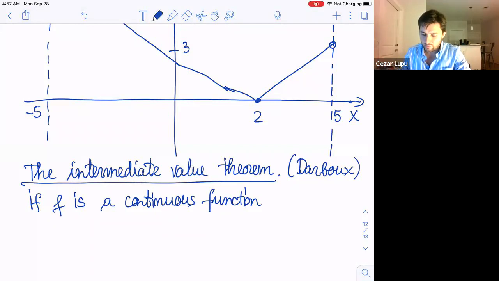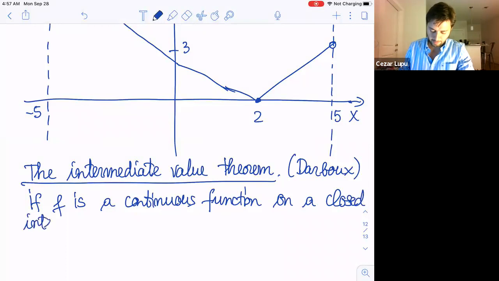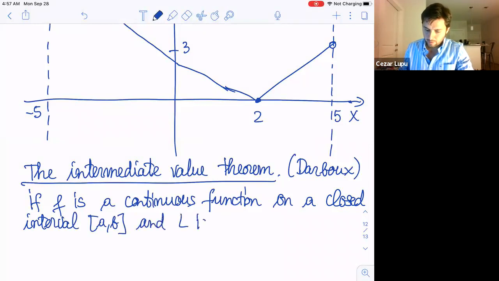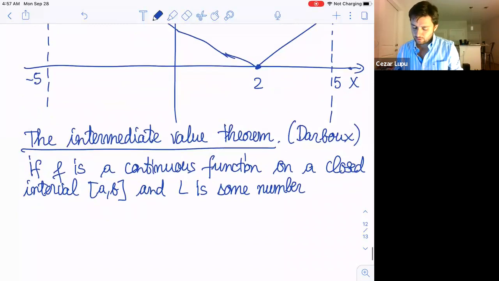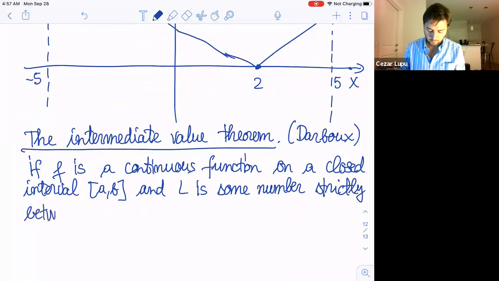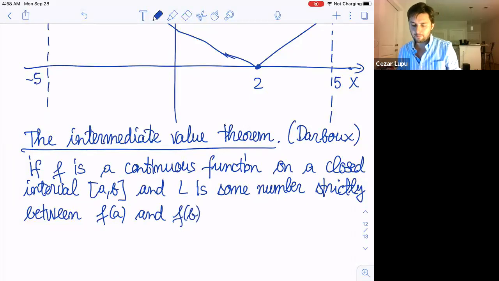So if f is a continuous function on a closed interval [a, b], and L is some number strictly between f of a and f of b, right?